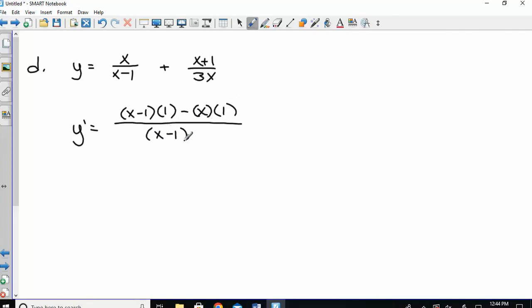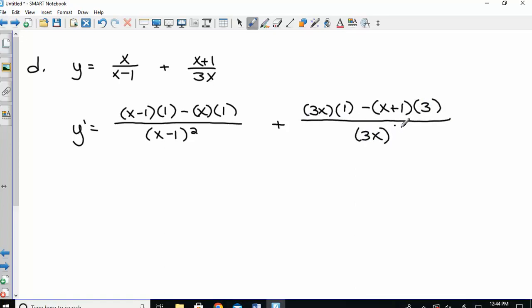Over low squared, plus this one, low, d high, derivative of x plus 1 is 1, minus high, x plus 1, d low, derivative of 3x is 3, over low squared.